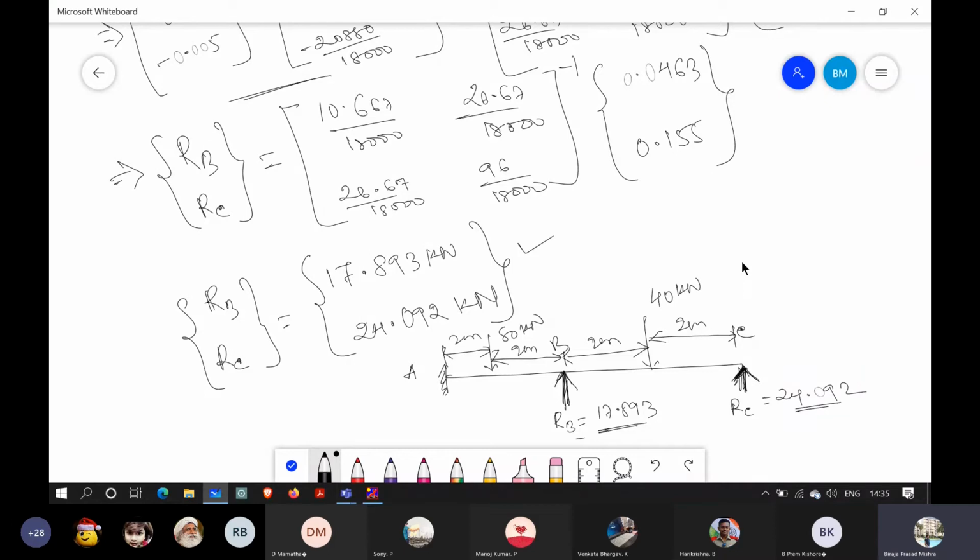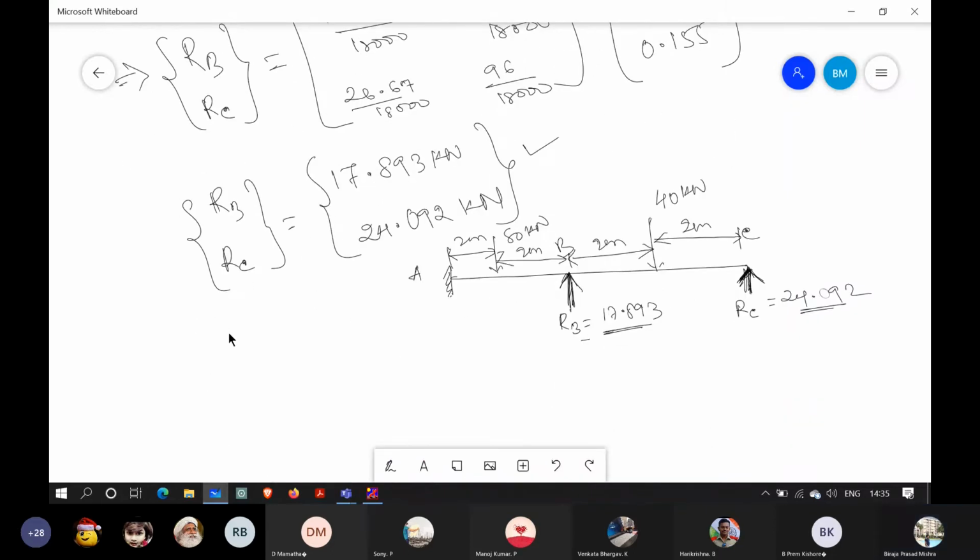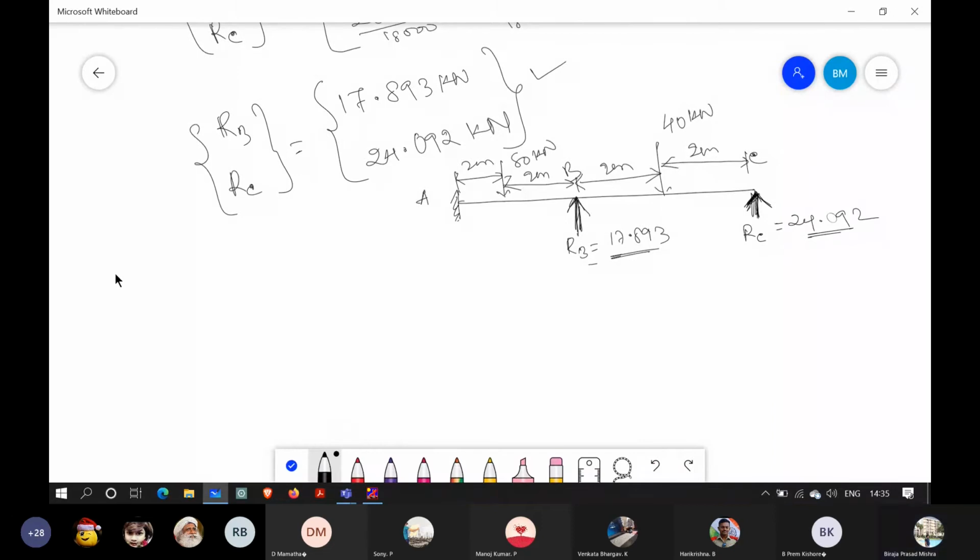Okay, so now we have found out the RB and RC. The next step is to find out the other reactions. So the fourth step, step 4, is the reactions.